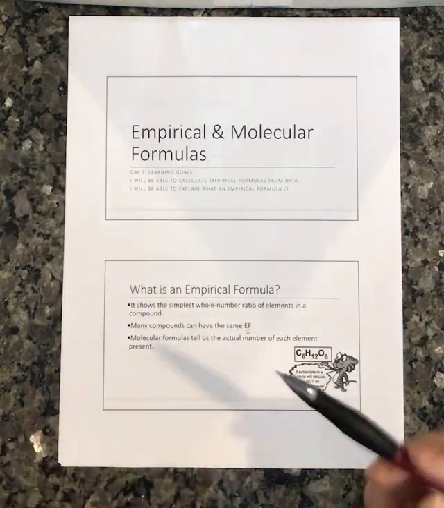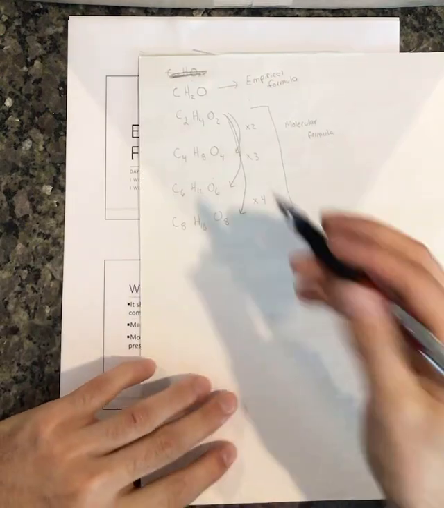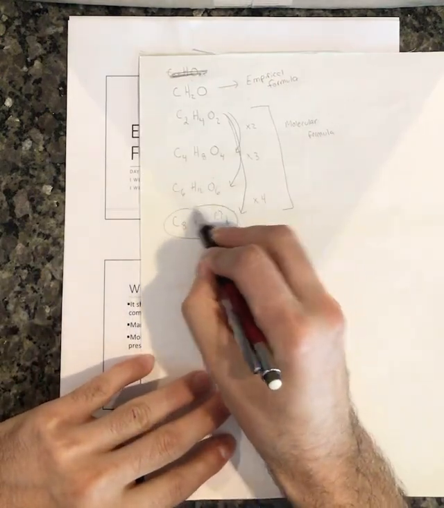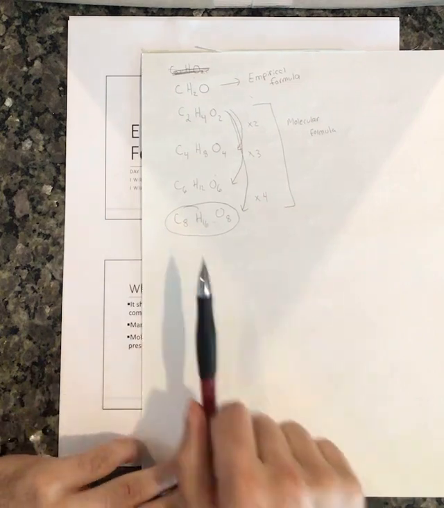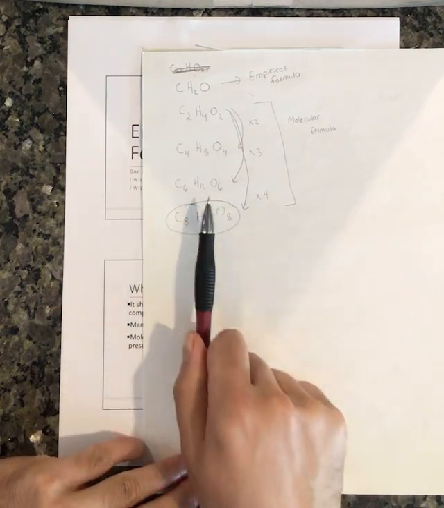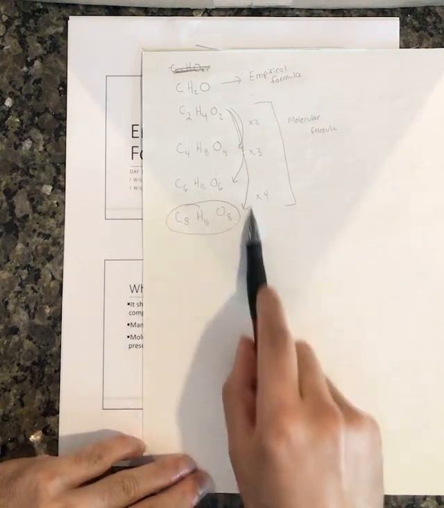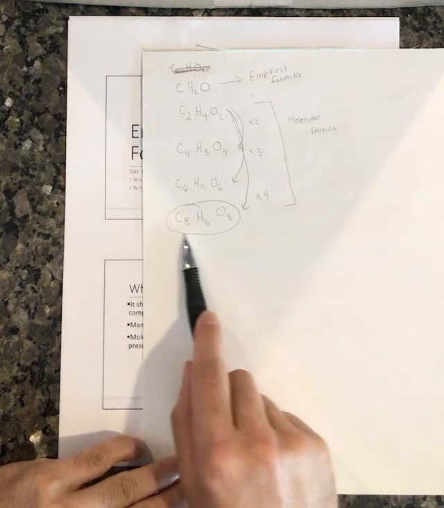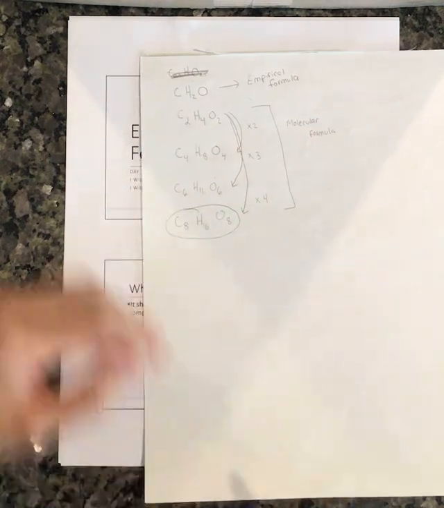Molecular formulas are different because they tell us the actual number of each element. So if this here is what I'm looking at, this molecular formula tells me exactly what I have: 8 carbons, 16 hydrogens, 8 oxygens. That's why we classify this as a molecular formula, but we can simplify this back to our empirical formula there.